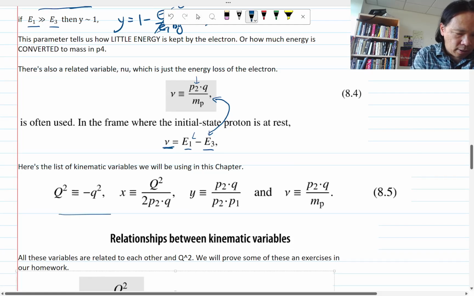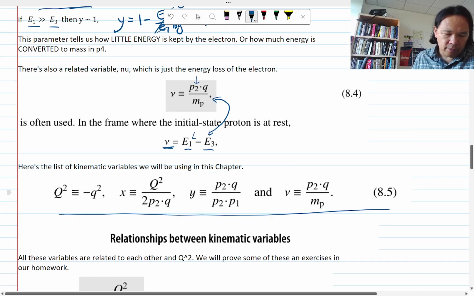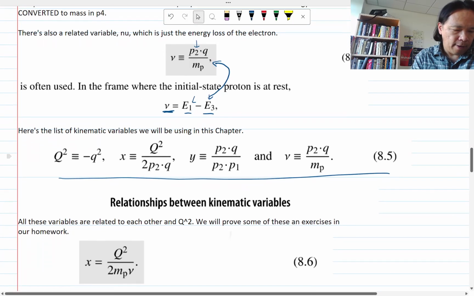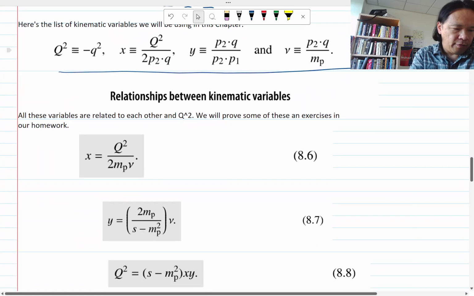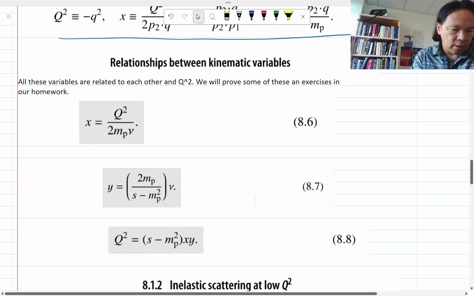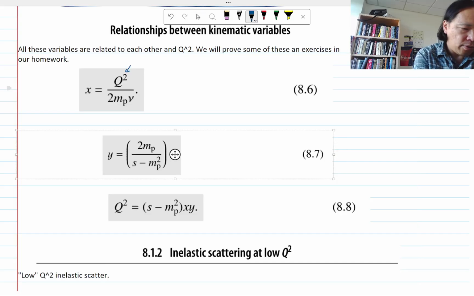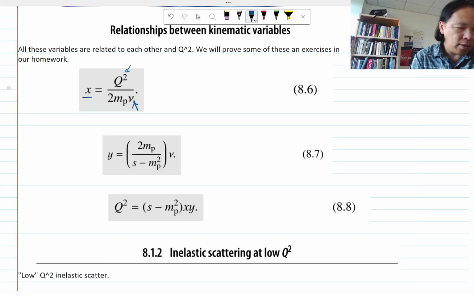This is the full list of all these variables that we just defined, and we're going to be using these in this chapter to study the structure inside the proton. There are also a few relationships you can use to relate these variables to each other. If you have Q and nu, you can calculate what x is.